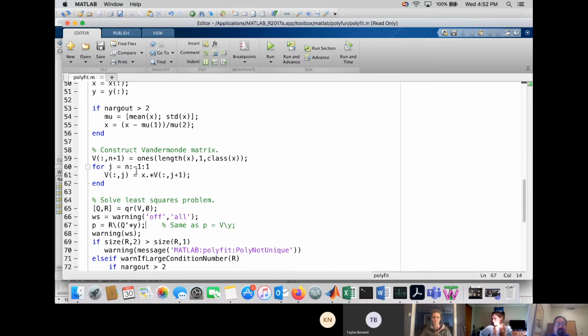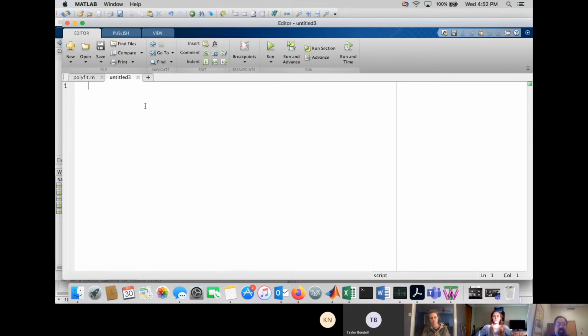Okay, so I want to adapt this code. I'm going to copy. Actually, this is the only piece I need. Okay, so I'm going to implement a function first, my polyfit. So a simpler version of MATLAB's polyfit, where all I do is take x and y values.